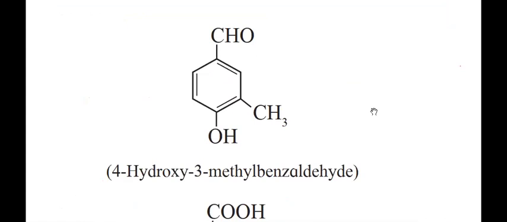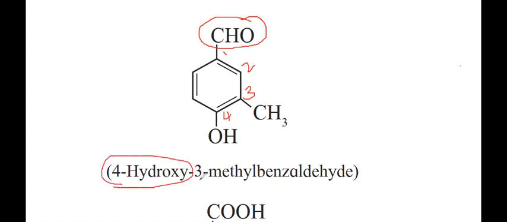The compound is called 4-hydroxy, where the base is CHO, an aldehyde. Numbering 1, 2, 3, 4, the 4 group is the hydroxyl group, a prioritized group, and then 3-methyl benzaldehyde. See the nomenclature and priority: 4-hydroxy 3-methyl benzaldehyde.